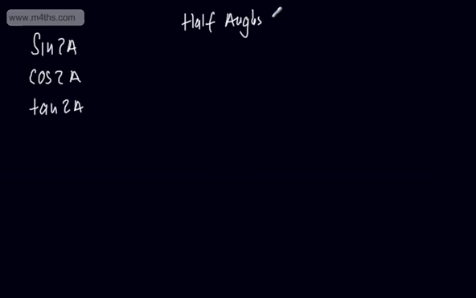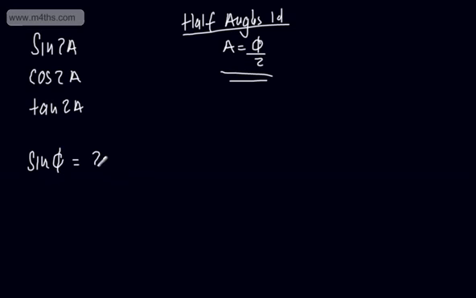Let's start off with a, and we'll let a be equal to theta over 2. So if I sub this in, for sine of 2a, we'll have the sine of 2 lots of theta over 2, which is sine of theta, and this gives 2 sine of theta over 2 cos of theta over 2.